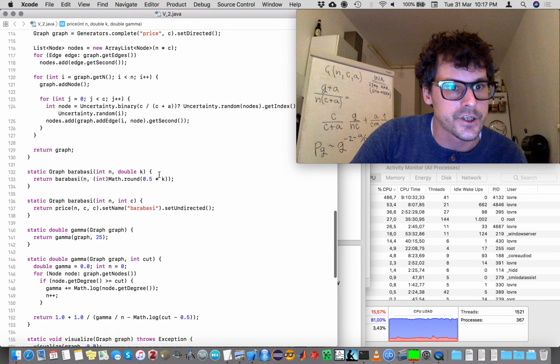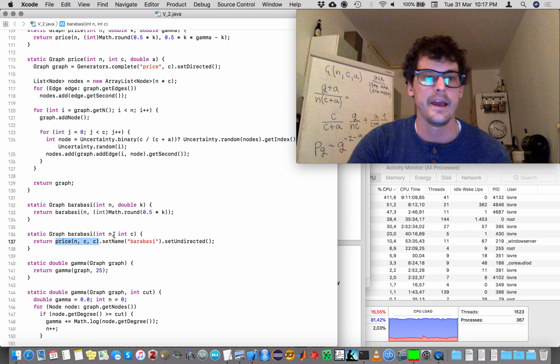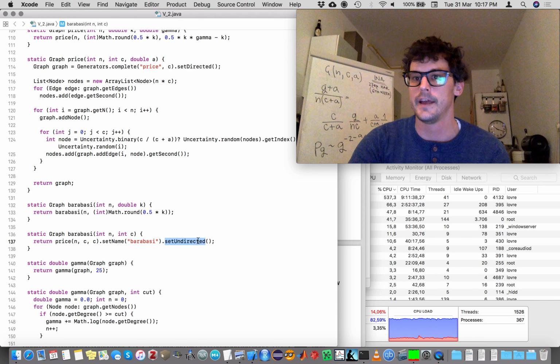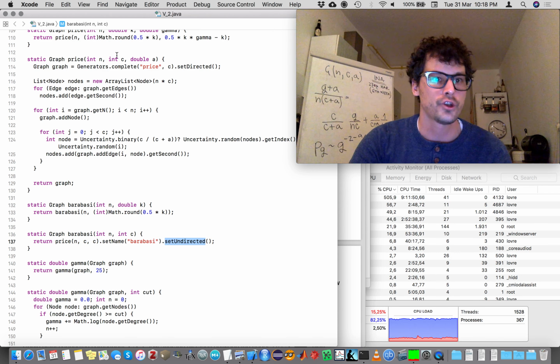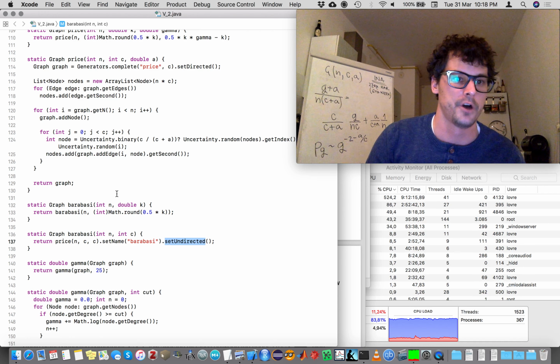And this is implemented here. So in order to generate a Barabasi-Albert model with parameters N and C, I generate a Price model with parameters N, C, C and set it to an undirected graph, and that is it. So we only need one implementation to generate both of the models.